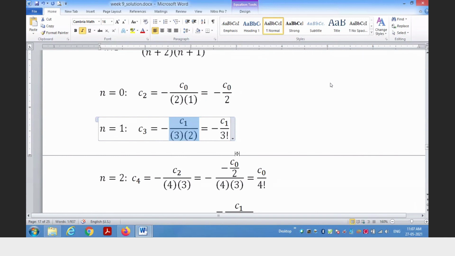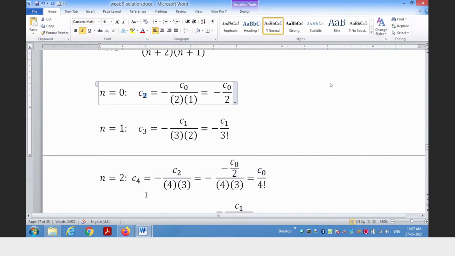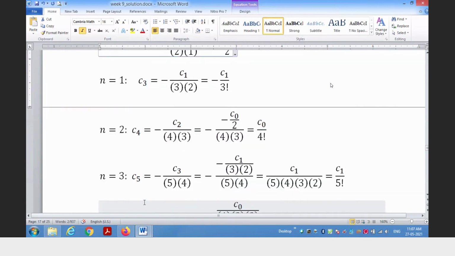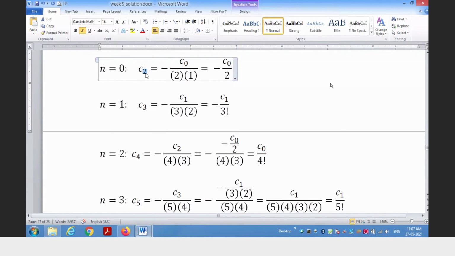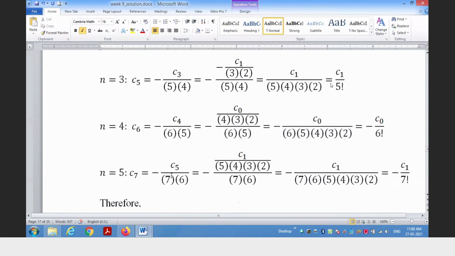For the even case, c2, c4, c6 and so on, c even depends on c naught, while c odd depends on c1. c3 depends on c1, c5 depends on c1, c7 depends on c1.